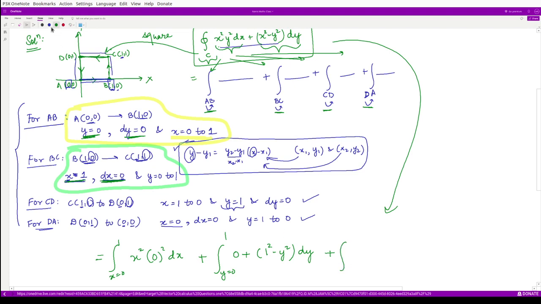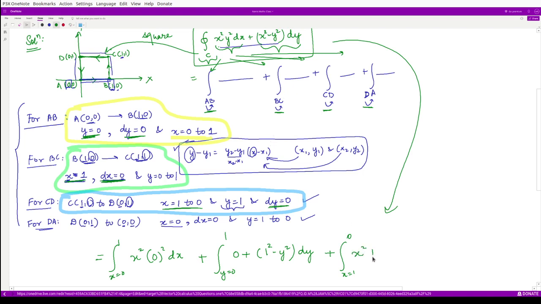Again, for the third curve, we can use these limits and this much information. So from here, we can use the limits of x varying from 1 to 0. And moreover here, dy is 0. So that means we won't have the second term. For the first term, we will write x square as such.